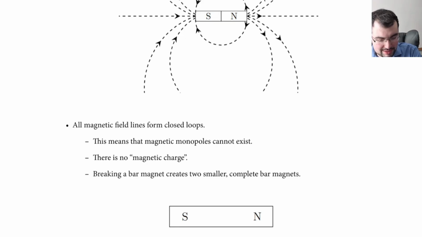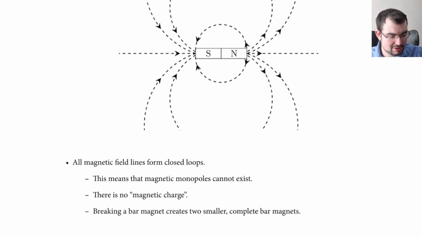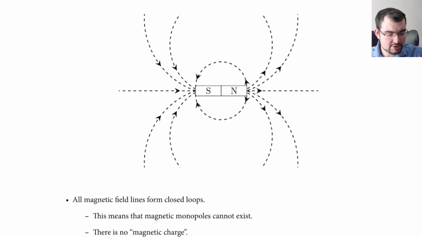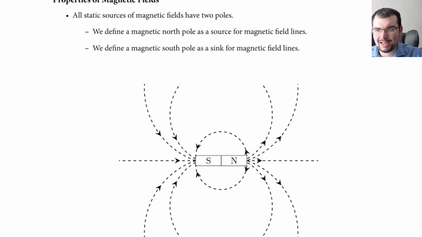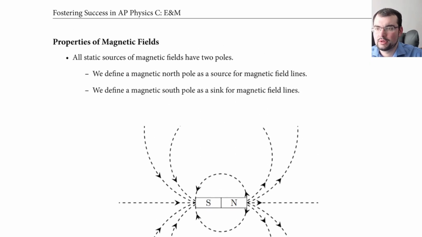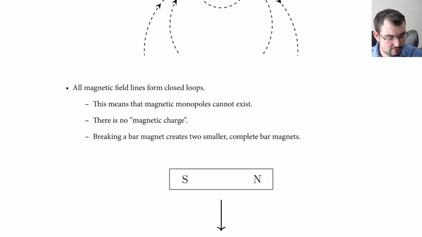The main one is that all magnetic field lines form closed loops. So every single field line you trace must loop in on itself. So that shows there's going to be some weird stuff happening inside the magnet. And our other rule is that outside magnets, north poles are sources and south poles are sinks.